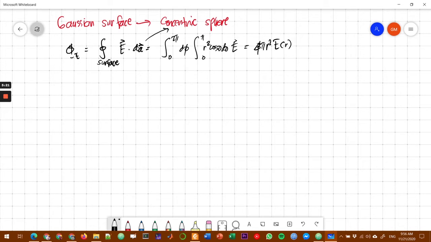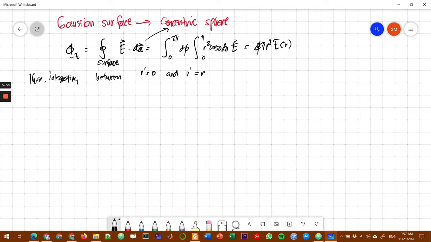The charge enclosed by the Gaussian surface can be obtained by integrating the charge distribution between r prime equals 0 and r prime equals r.